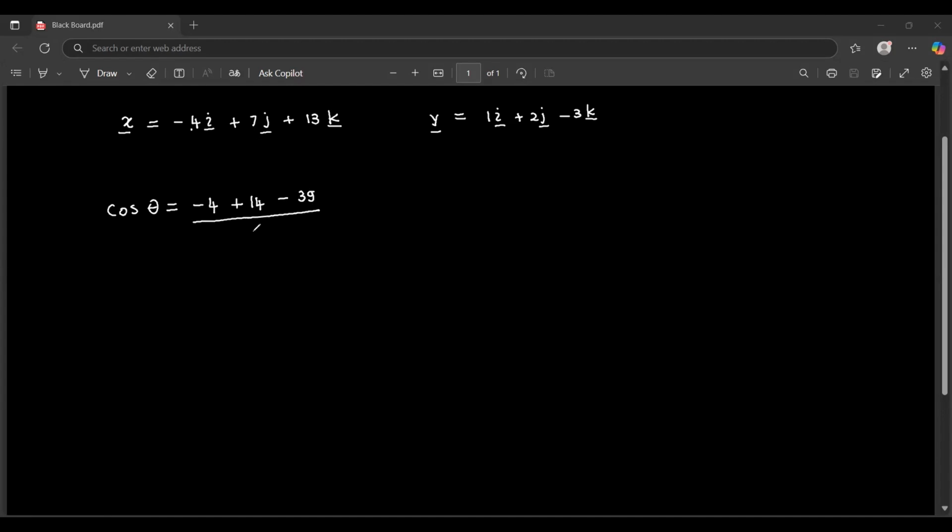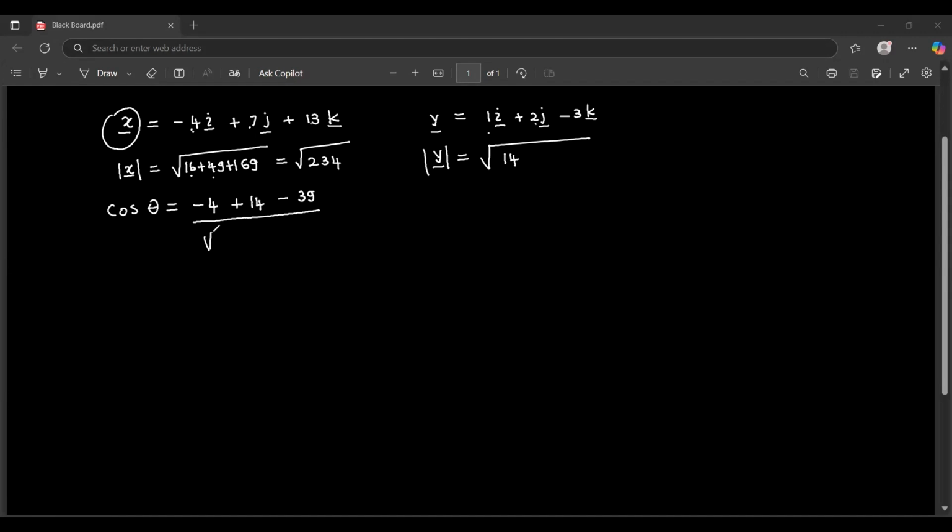And now we have to find the modulus of x. We know modulus of x will be equal to square root of 16 plus 49 plus 169. And modulus of y will be equal to square root of 1 plus 4 plus 9, which is equal to 14. So I can multiply these two, 234 into square root of 14.